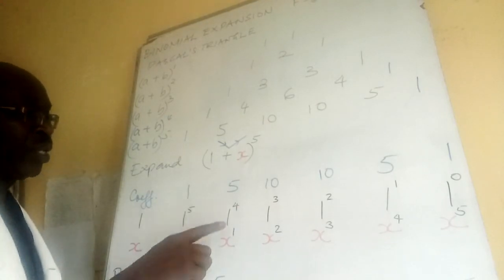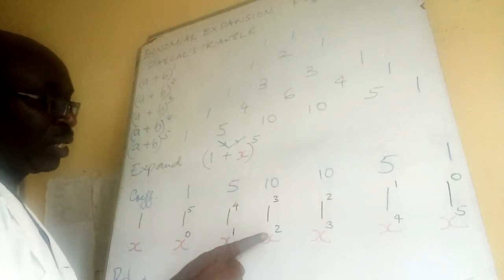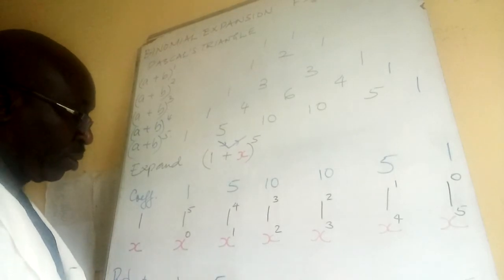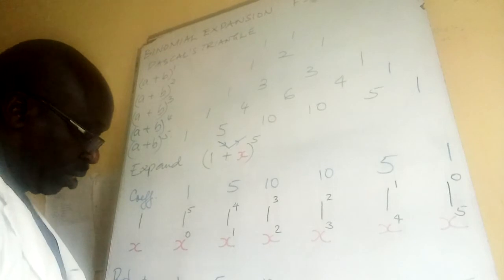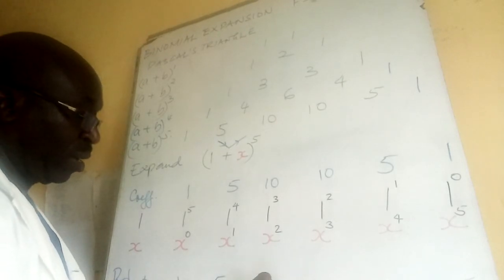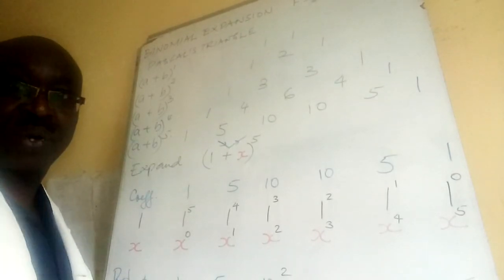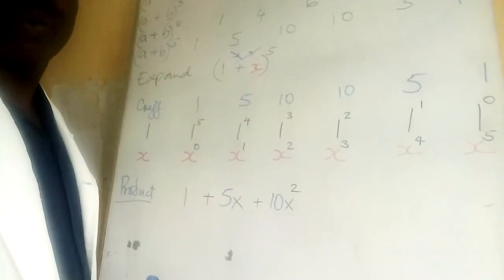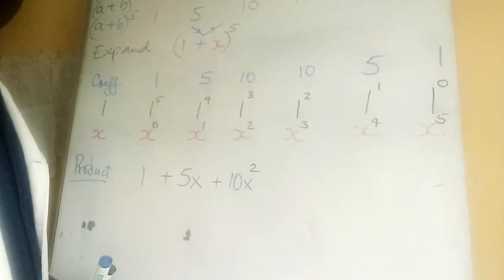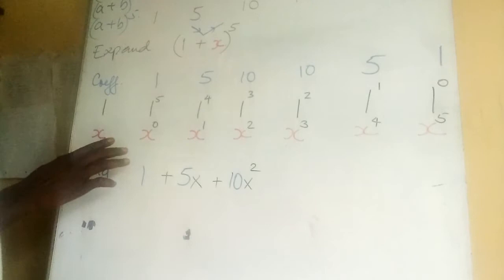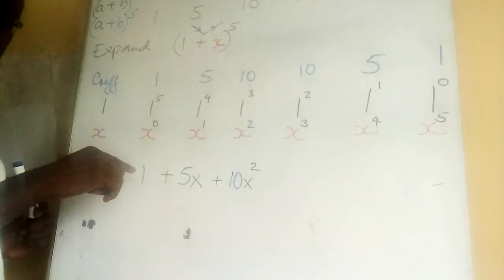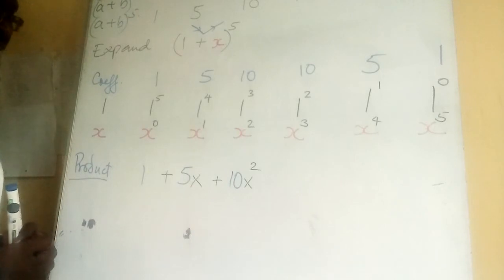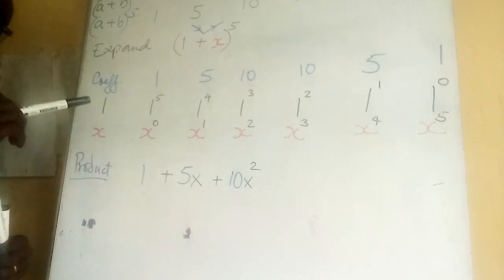Then 10 times 1 times x squared gives us 10x squared. So we are not on camera, we focus. I will repeat. Now you get the product of each line.